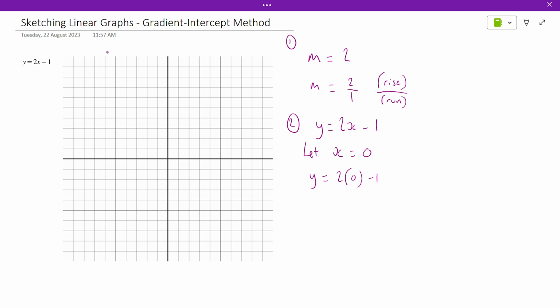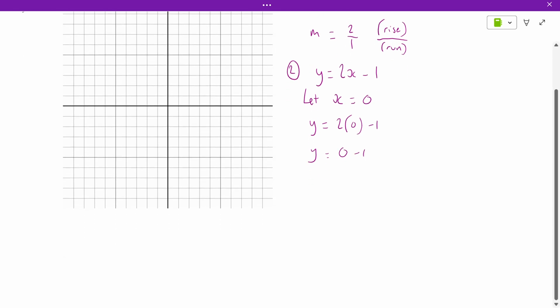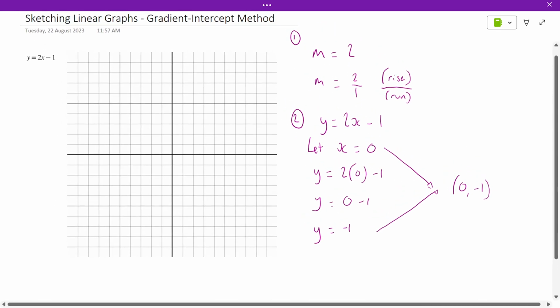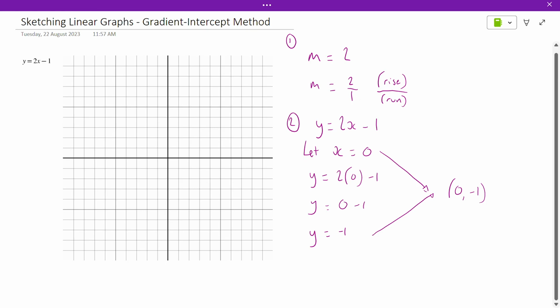Well, 2 times 0 is just 0, so I'll write that here. So 0 minus 1 is just the same thing as y equals negative 1. So my coordinate, using that value and using this value as well, is going to be the point 0, negative 1.